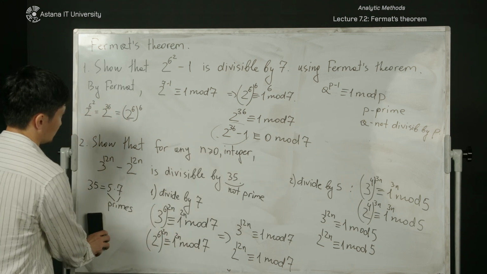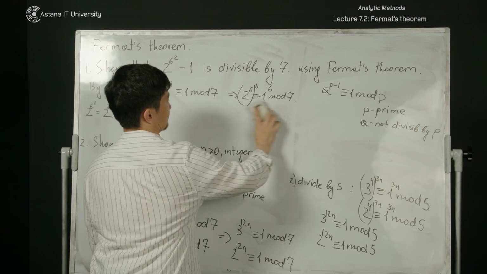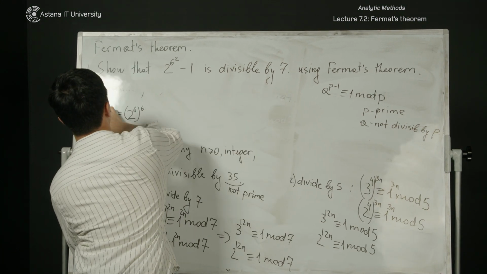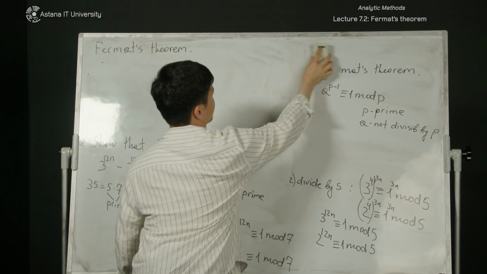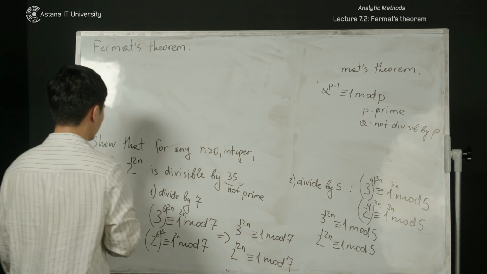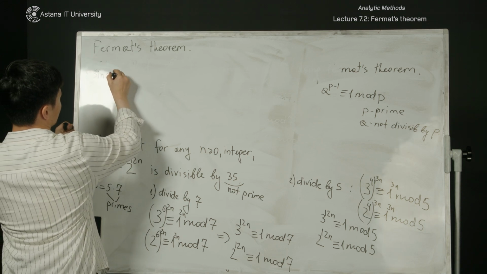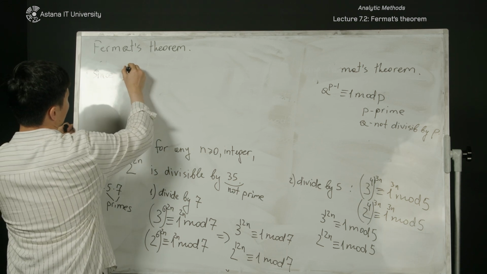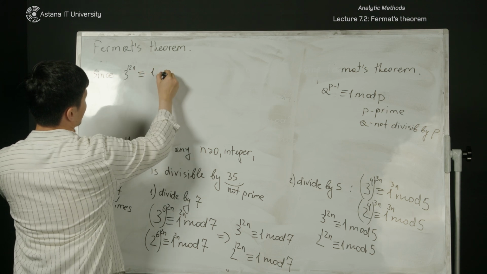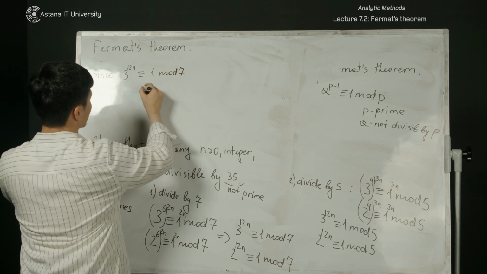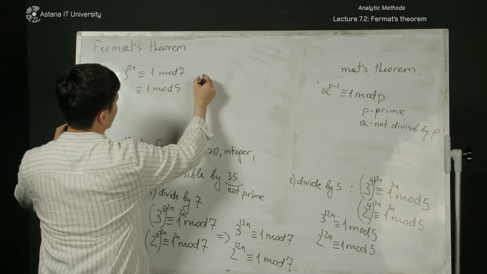So I will write over here that since 3 to the power of 12n gives me 1 mod 7 and 1 mod 5, right?